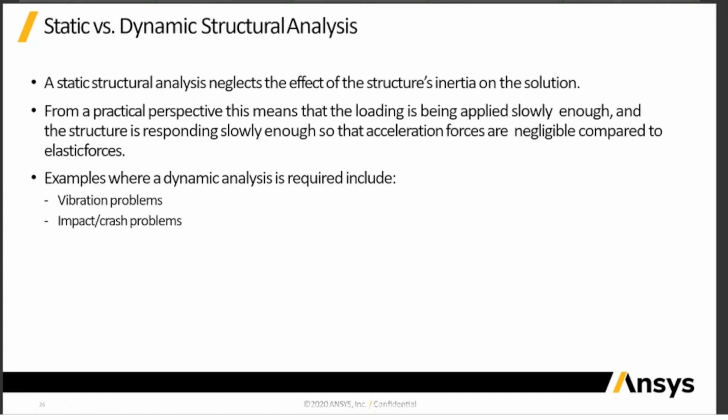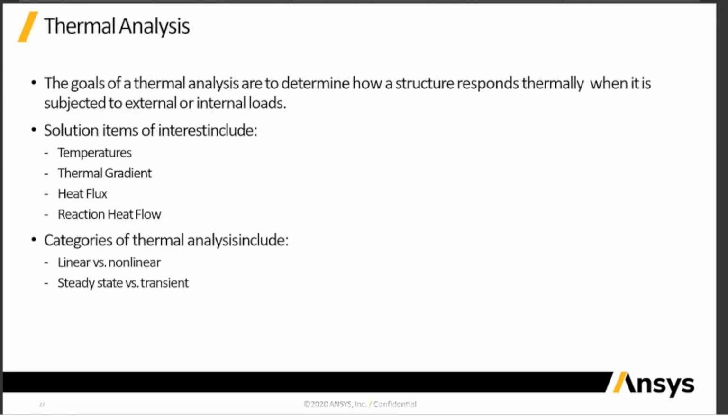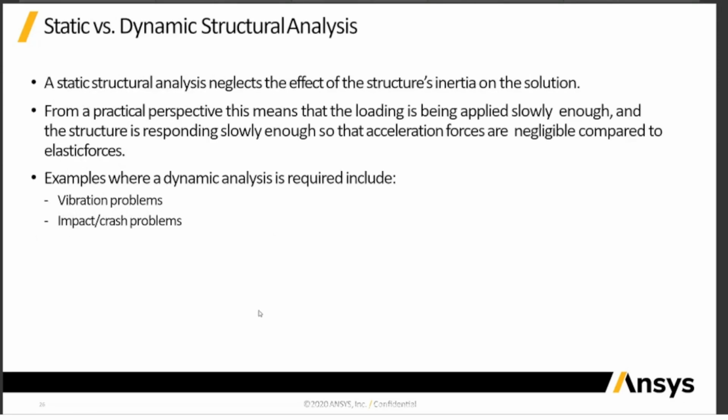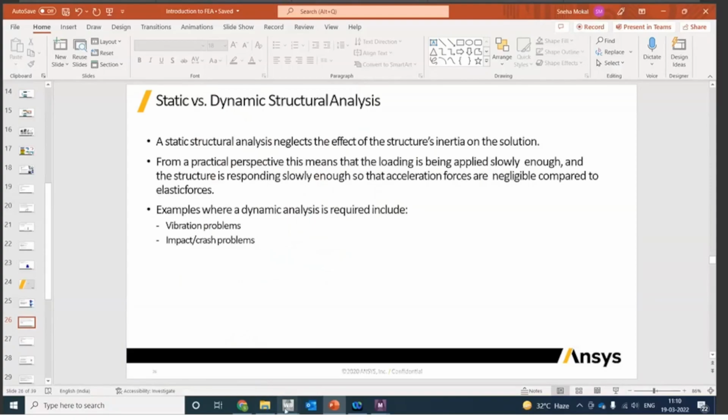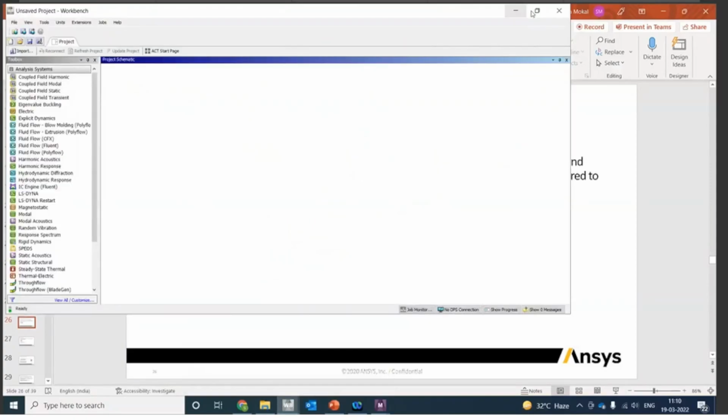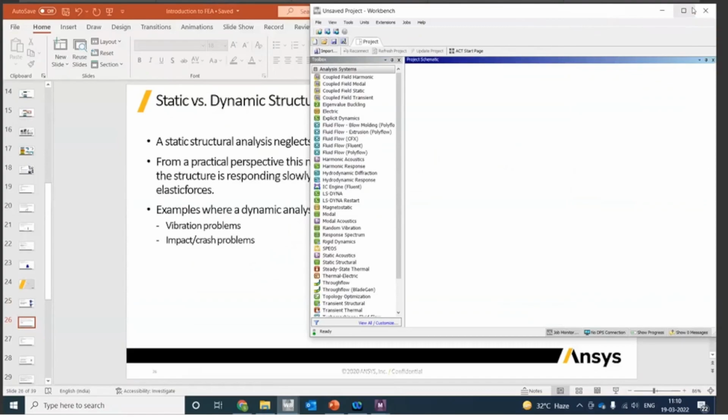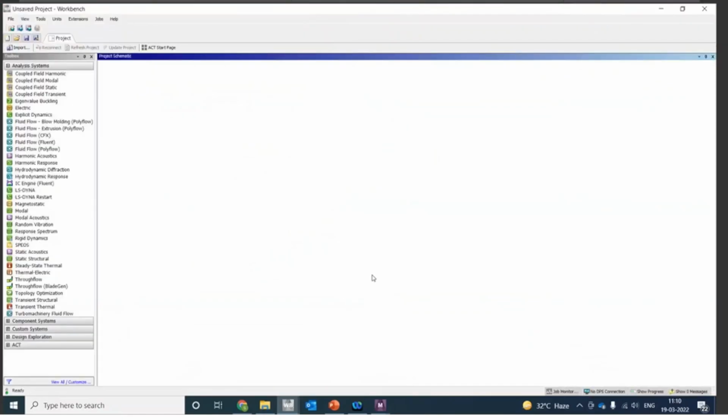So there are various examples where dynamic analysis is required, right? Like vibration problems or impact or crash problems. I will showcase one more demo on vibrations, because we study this almost in our engineering curriculum.